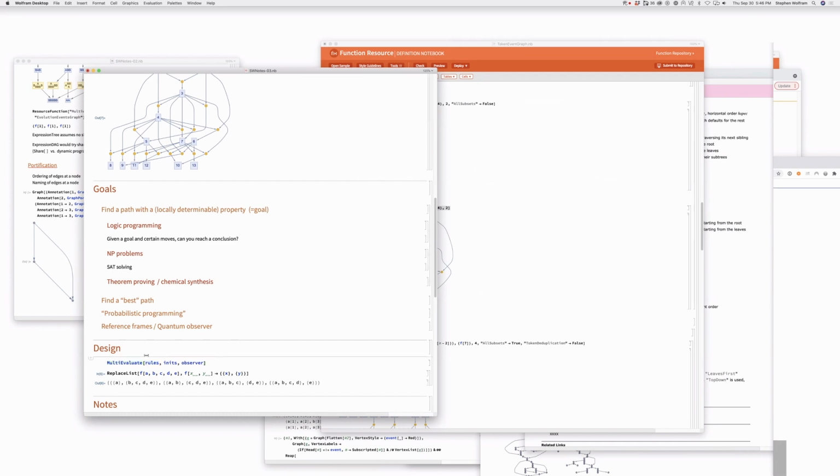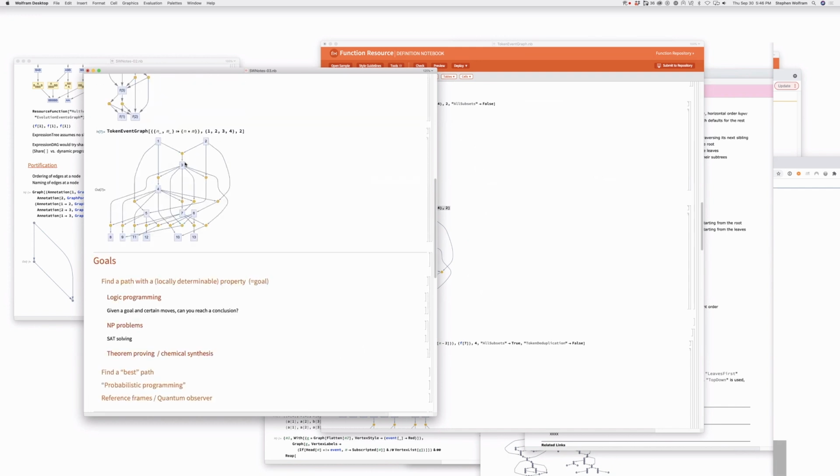The issue is tokens. In this model, in this setup, we are just looking at disembodied tokens. In general, the transformation rules that we have in the system look at subparts of expressions. Does this make any sense? Let me try and give an example. Okay.